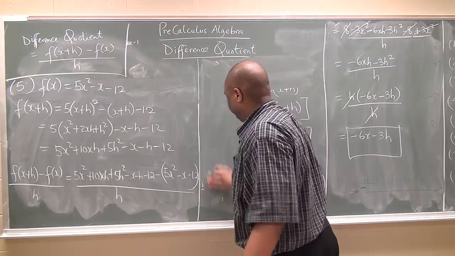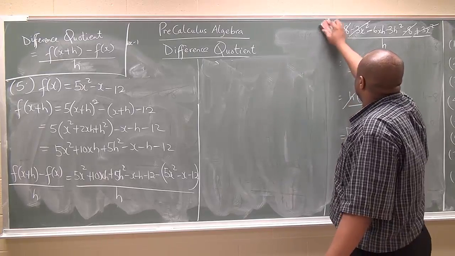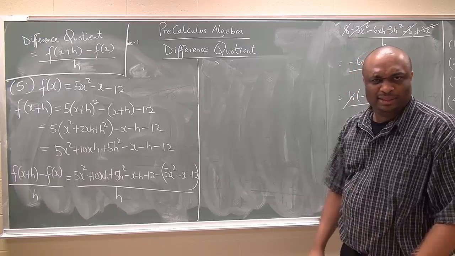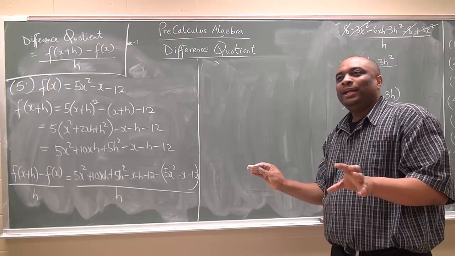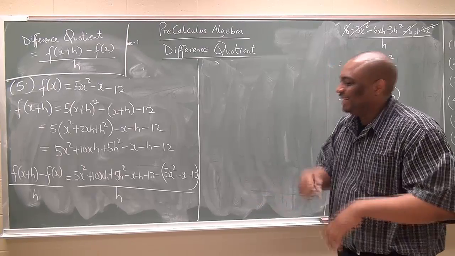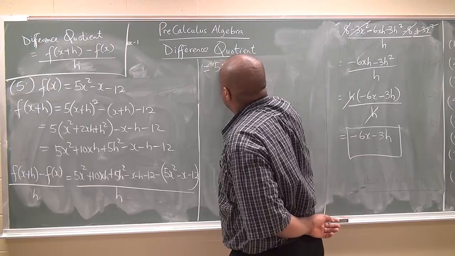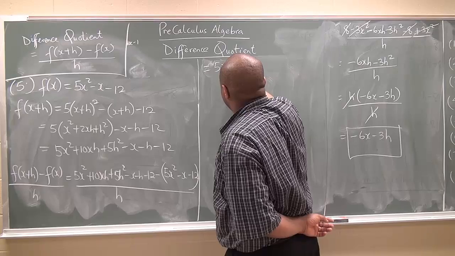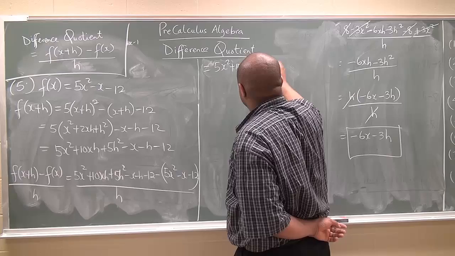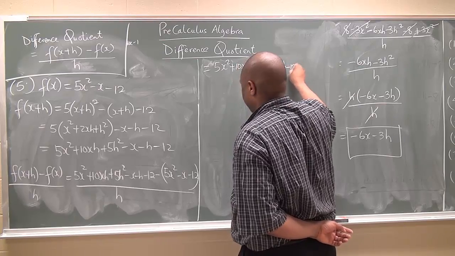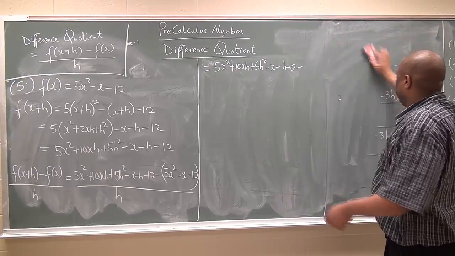All right, let's continue. You have to put a smile on your face, because some of you might say, oh wow, that's a lie. So when you do this kind of question, you smile a bit and then you continue. So this will be equal to 5x squared plus 10xh plus 5h squared minus x minus h minus 12 minus, you know what, I've got to use this whole stuff.